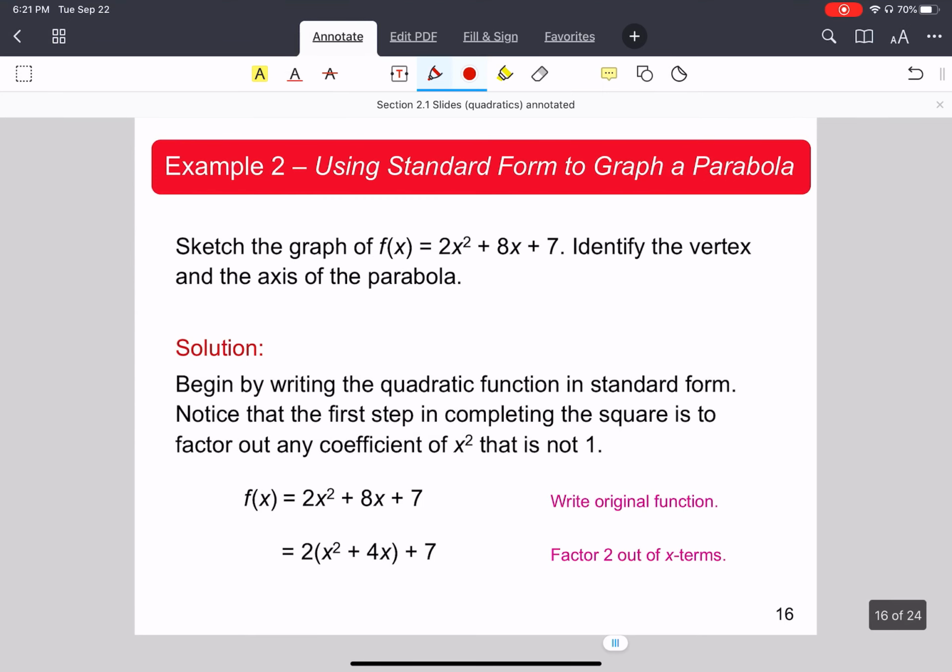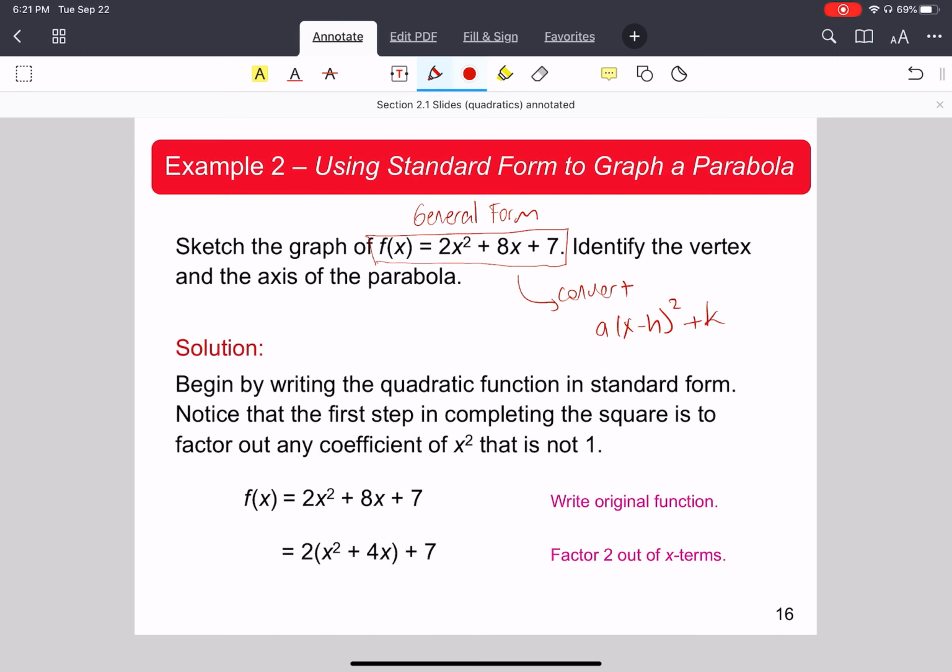All right, so next thing we're going to talk about is using standard form to graph a parabola. You guys realize the given function is f of x equals 2x squared plus 8x plus 7. This does not look like the standard form we saw earlier. This looks more like the general form. So what we like to do is convert this into something like a times x minus h squared plus k.